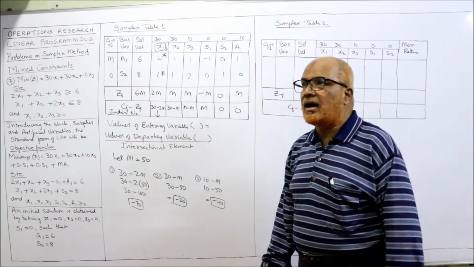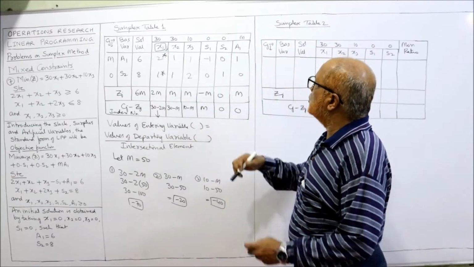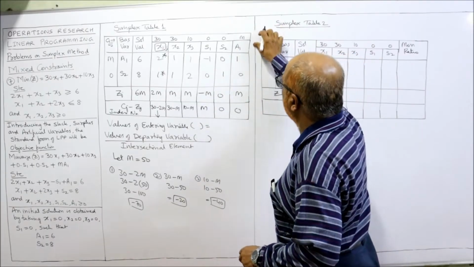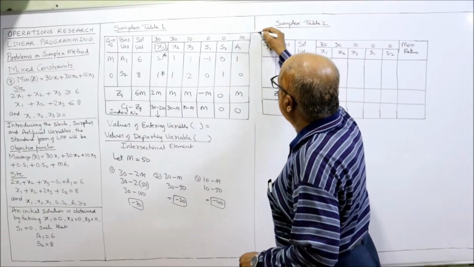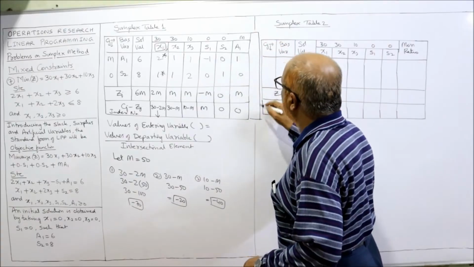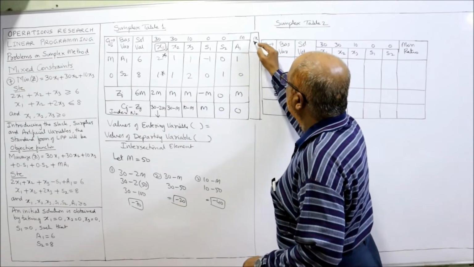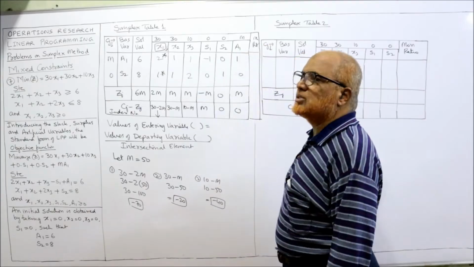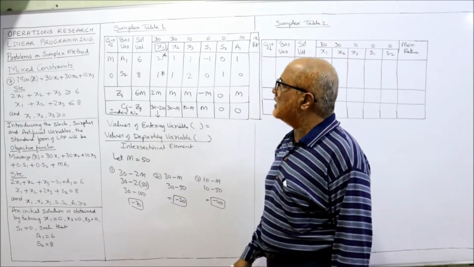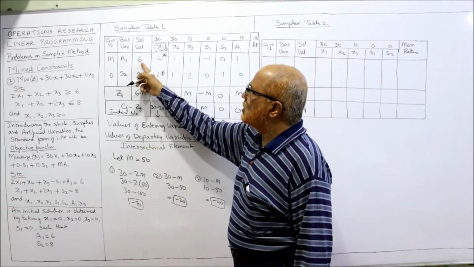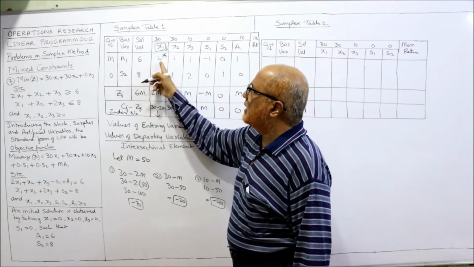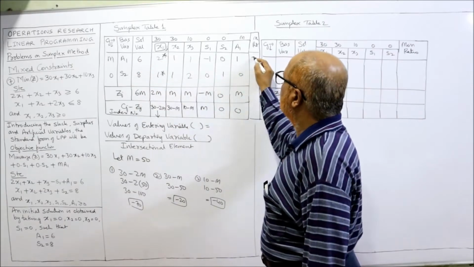Now which will depart? It depends on minimum ratio. I forgot to draw the column for minimum ratio here. So here we calculate minimum ratio. Minimum ratio is equal to solution value divided by intersectional element. Solution value is 6. 6 divided by 2, 3.